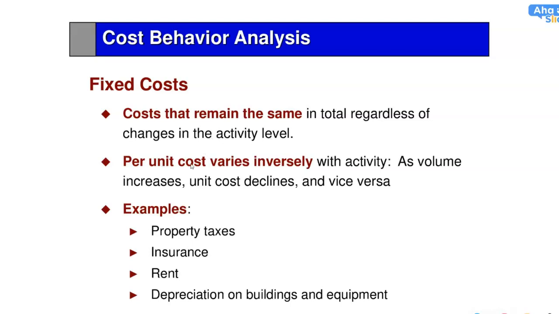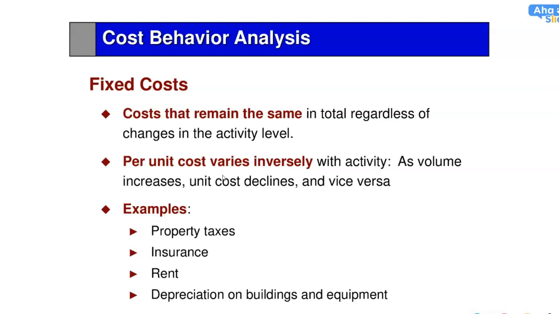But on a per unit basis, the cost goes down the more I produce. As it says here, the per unit cost varies inversely. What varies inversely means is that as activity goes up, the unit cost goes down. So if I produce one desk, the unit cost is 10,000.